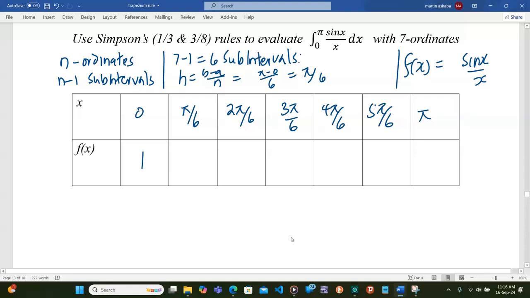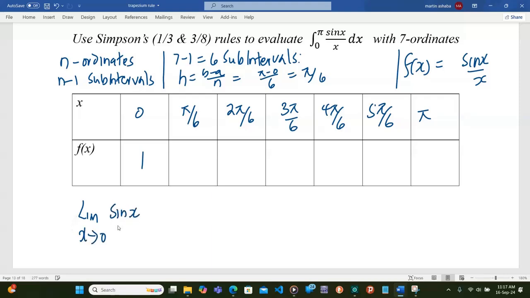We say the limit as x tends to 0 of sine of x out of x tends to 1. When you look at this, if x is tending to 0, it means it is reducing to a very small value.